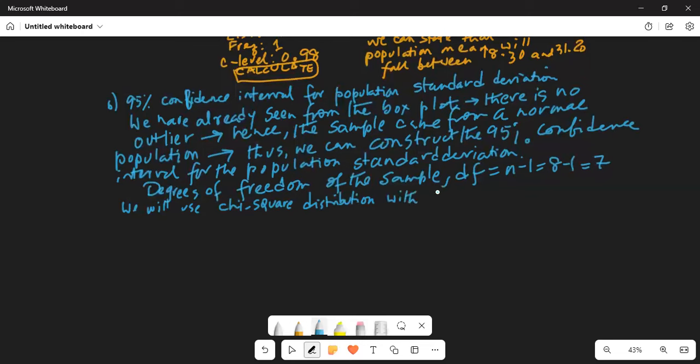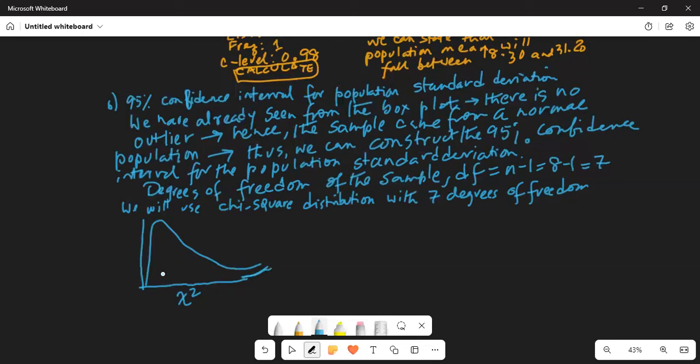The chi-square distribution will look like this, with an extended tail on the right.